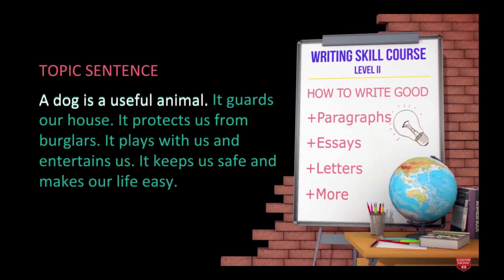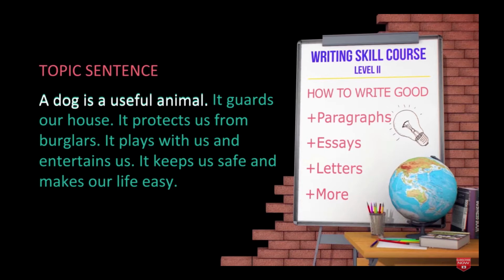This sentence says, a dog is a useful animal. All the other sentences must support or prove how a dog is a useful animal. Let's see. It guards our house. Does this sentence prove that a dog is a useful animal? Yes. It protects us from burglars. Does this sentence support that the dog is a useful animal?